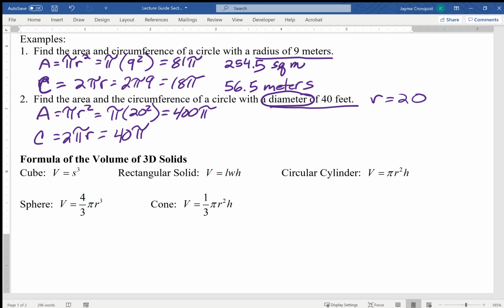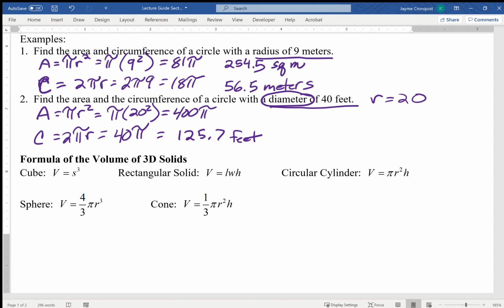40 pi is 125.7 feet. For 100 pi, should be that with one decimal place moved over.